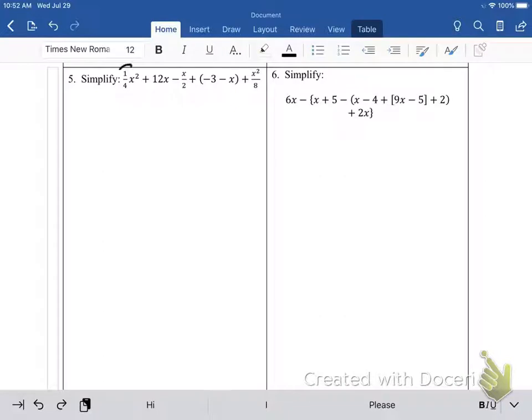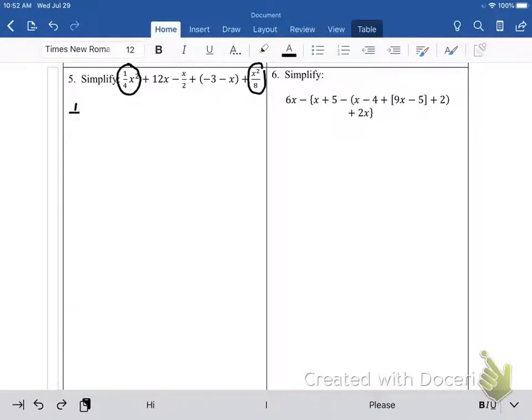Okay, so I'm going to start with the x squareds first. You may have seen somebody do this where we group all the x squareds together. Good. Now it doesn't matter if the x squared is in the top of a fraction or in the back of a fraction like that. They both mean the same thing.